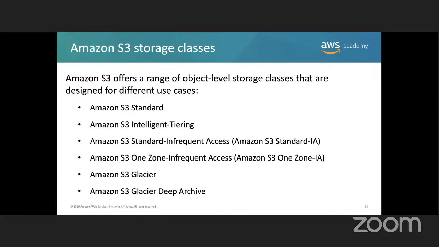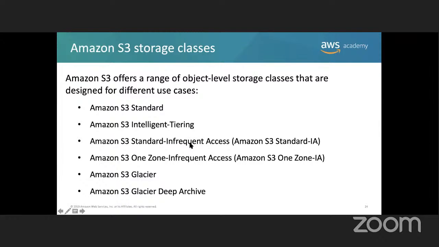For a small monthly monitoring and automation fee per object, S3 Intelligent-Tiering monitors access patterns of objects and moves the objects that have not been accessed for 30 consecutive days to the infrequent access tier.